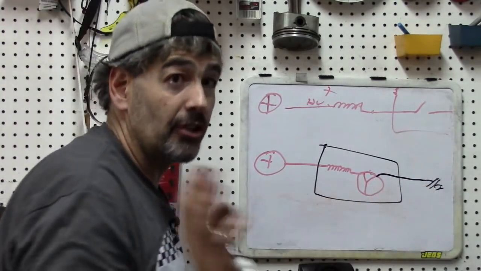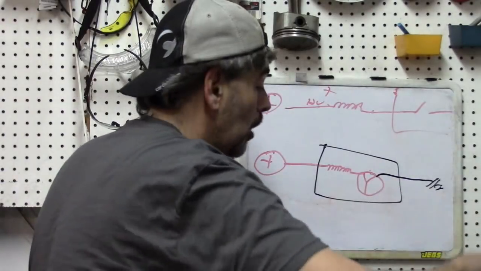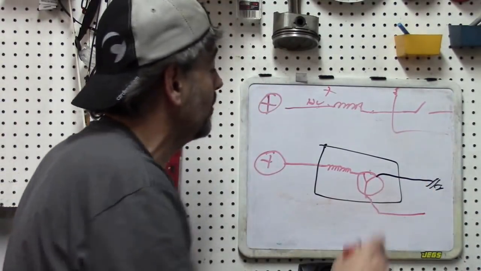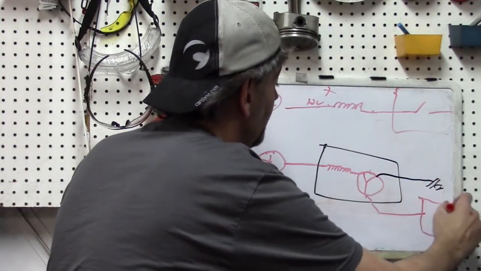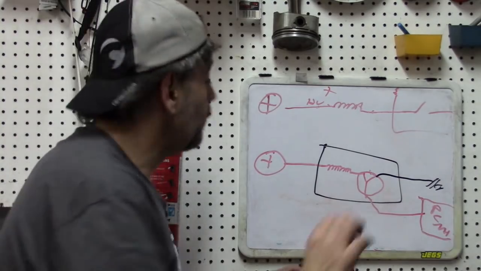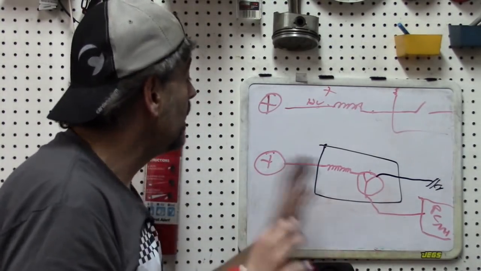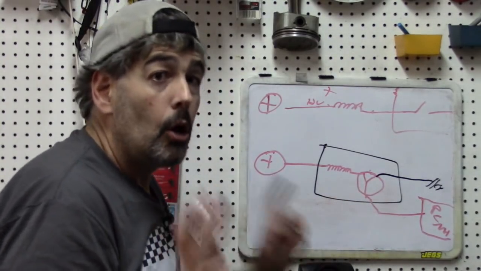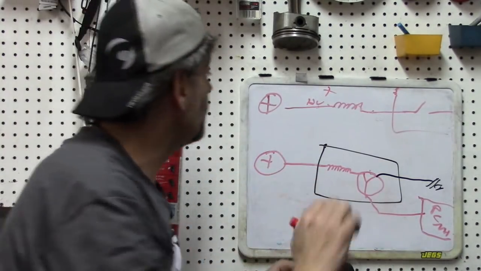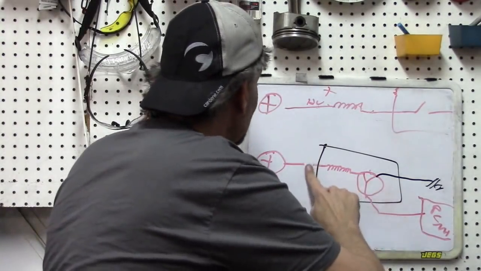This ground is a constant ground. We know that this is going to be the NPN design feed into the transistor. This is from the PCM to turn it off and on. And if we look at this, let's think about where we're measuring. When we connect our back probes, it's more like this.